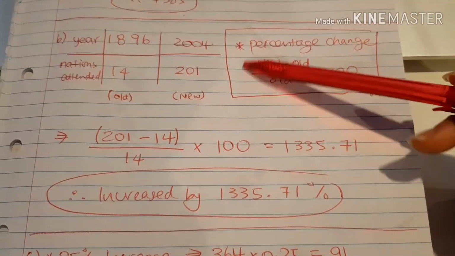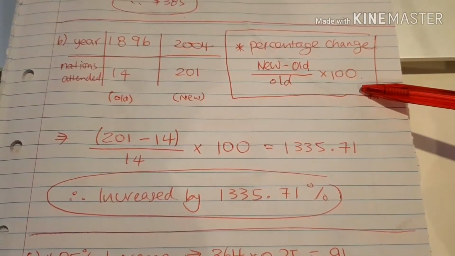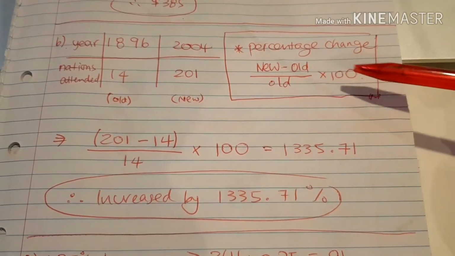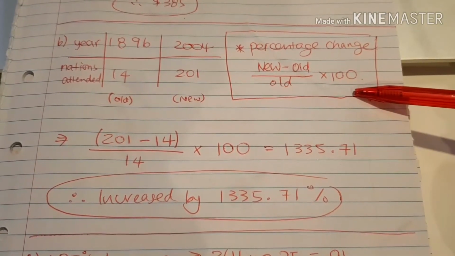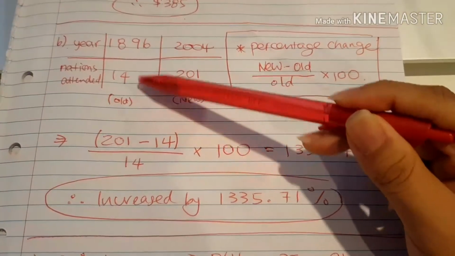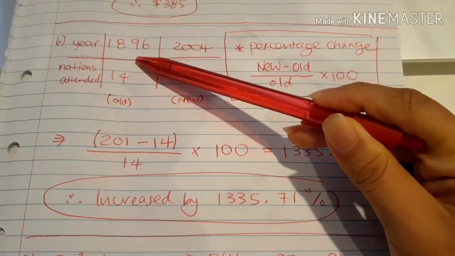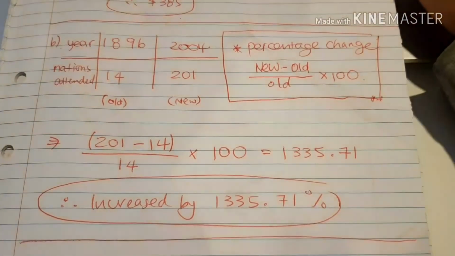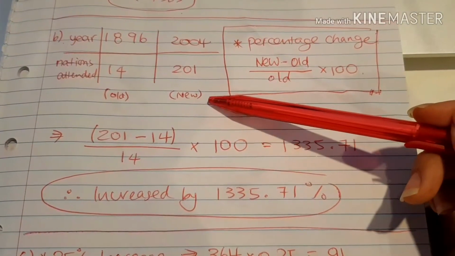So remember the rule for the percentage change: new minus the old, over old, times 100. Okay, so obviously 1896 is the old one, 2004 is the more recent one. Okay, so let's have a look.